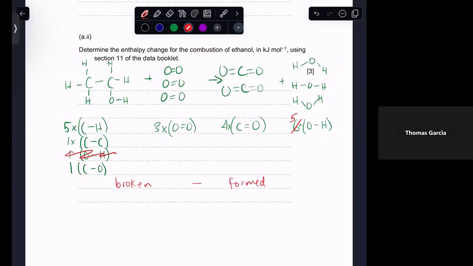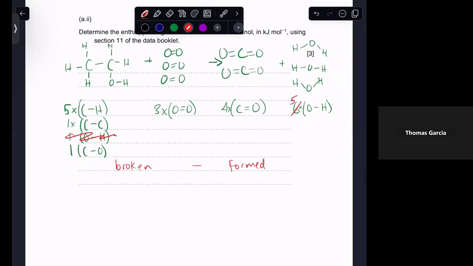That's going to get me a pretty large set of values. That's going to be 5 times 414 plus 346 plus 346 plus 498.